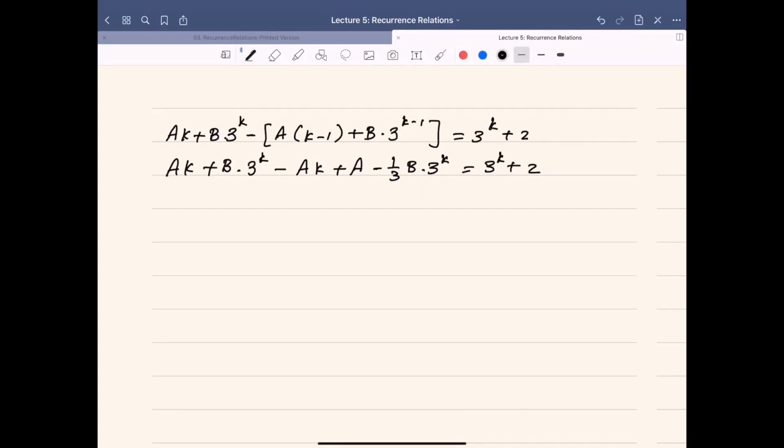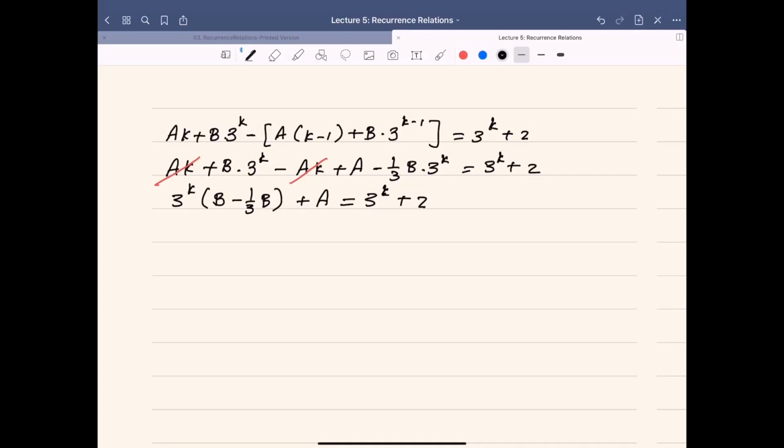Rearrange the equation on the left hand side and make all those with the 3 raised to power k on one side, and the others on the other side. So we will have 3 raised to power k times (B minus 1 over 3 B) plus, and notice here that minus A·k will go with A·k, so plus A is equal to 3^k plus 2.